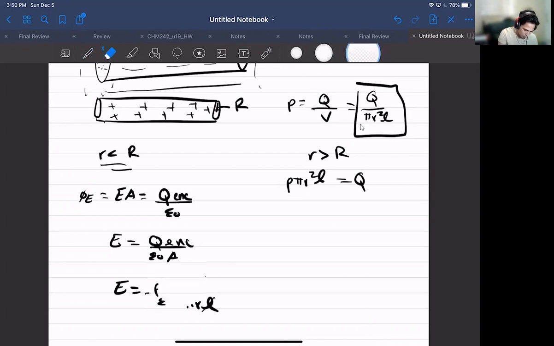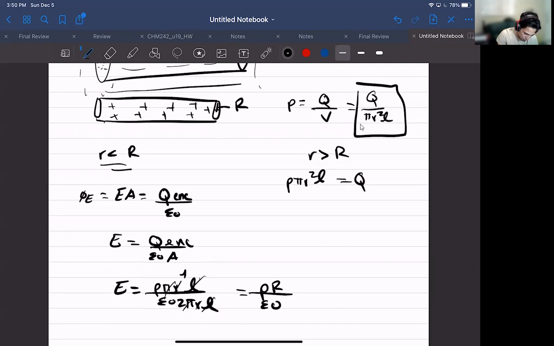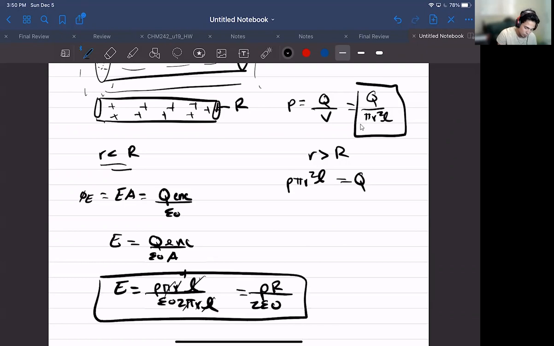So we are going to have this one right here on top, and it's going to be r divided by 2 epsilon naught. And that would be the electric field inside of that cylinder, for an area smaller than that.